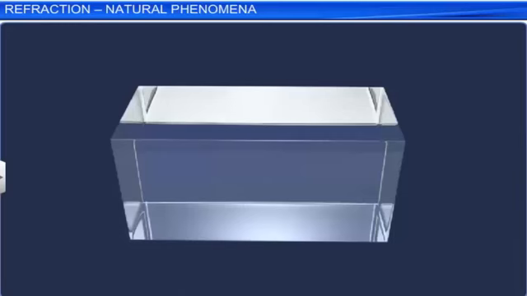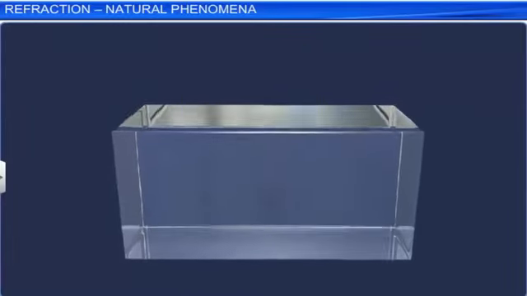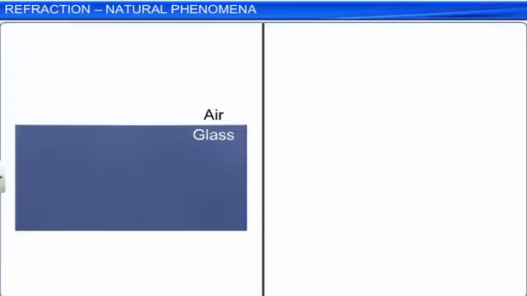Let us study the refraction of an obliquely incident ray of light through a parallel-sided glass slab. In such cases, light gets refracted at two interfaces. First, the ray of light is incident on the air-glass interface and refracts through the glass slab.